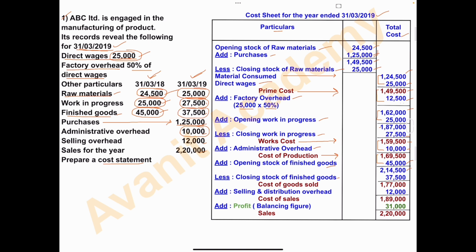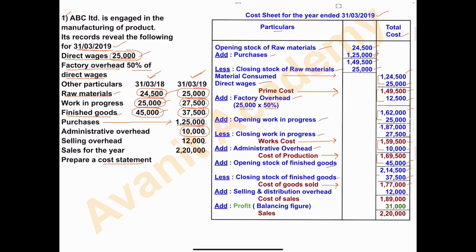Write in the solution, less closing stock of finished goods 37,500 from 2,14,500 minus 37,500, and you will get 1,77,000. This is called cost of goods sold. Cost of goods sold is 1,77,000.